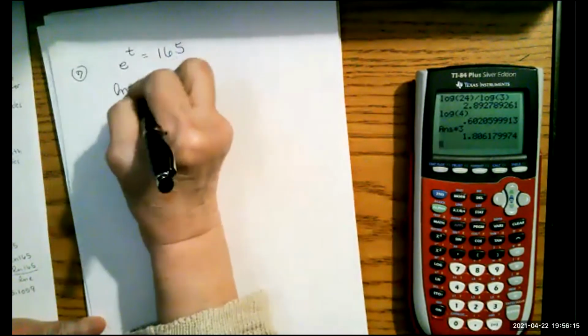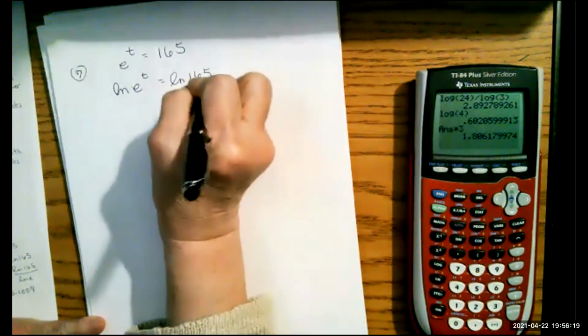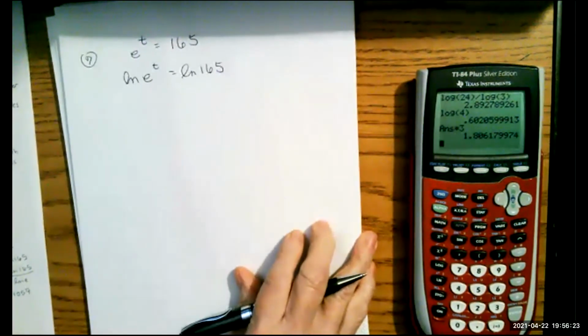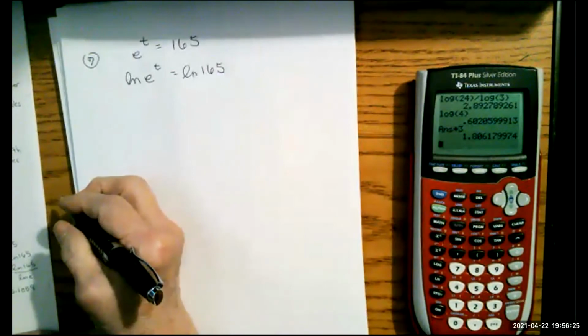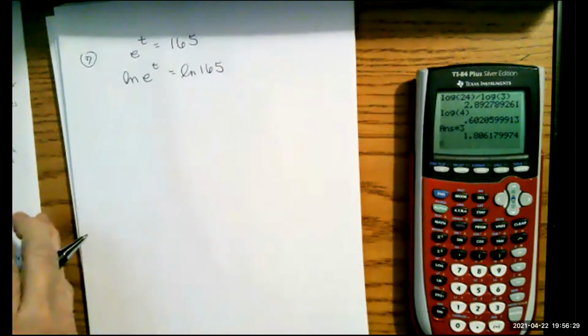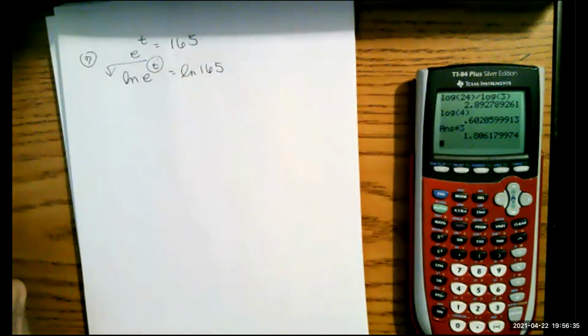I'm going to do ln of e to the t equals ln 165. I'm ln'ing it. You know why? Because it has an e on it. That's right. So now this t is going to come down in the front, just like the exponents always do at this point. We're getting used to doing that now. We've done a few of them, so that's what's happening.